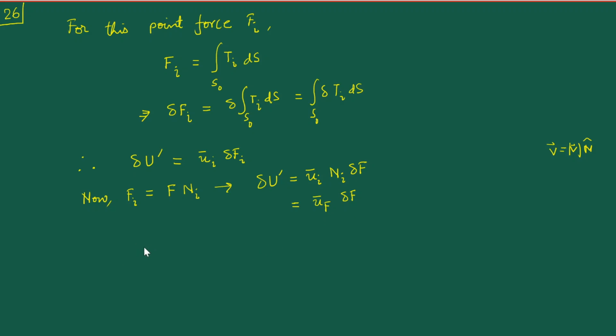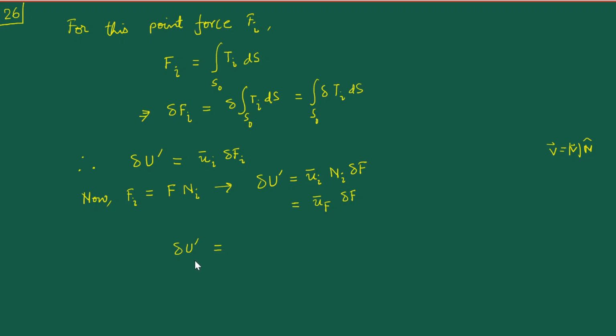Now we are almost at the end, but before that we have to take a little leap of faith in writing something for this delta u dash. You understand that all throughout our discussions of this chapter, whether we are talking about internal energy, strain energy, specifically strain energy, complementary energy, we had in our brain that somehow these had connections with the strains and stresses.